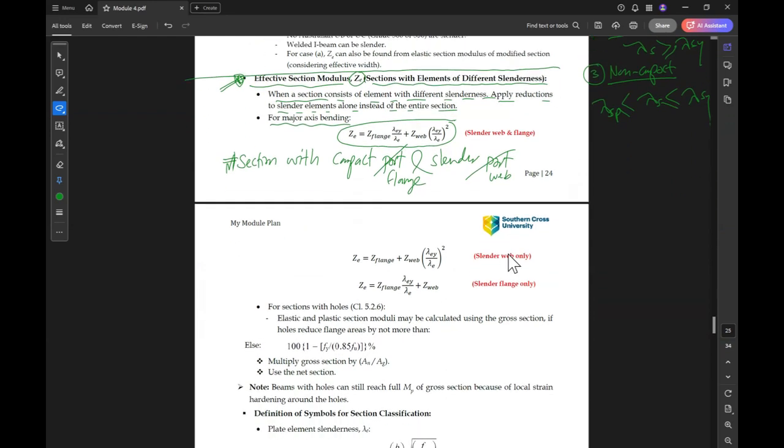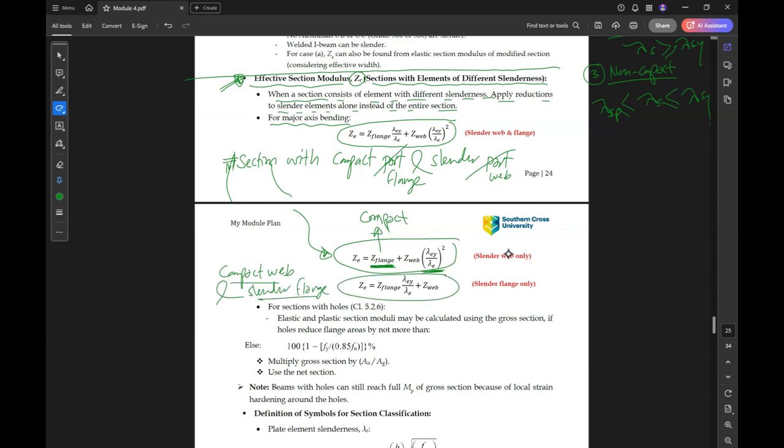Here, if this case happens, the flange is compact, so there is no reduction in the flange, but the reduction is only in the web. If the web is compact and the flange is slender, we can use this formula here. So the web stays the same, but the reduction happens only in the flange.